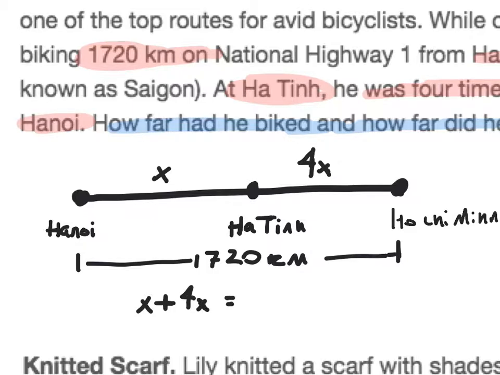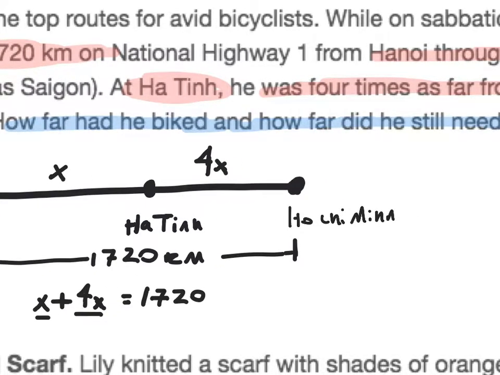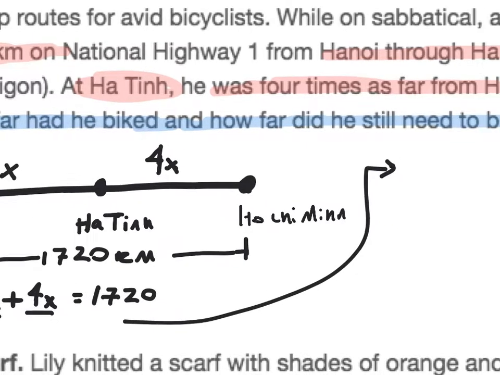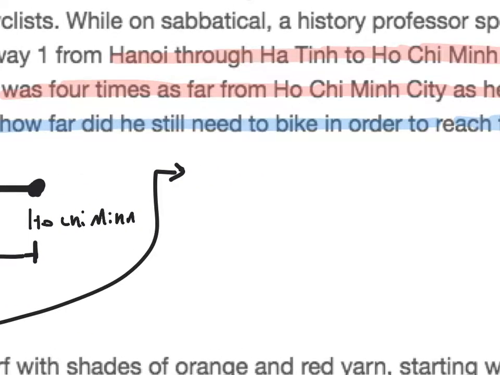Now I want to solve for x, so I want to combine my like terms. I've got x and 4x, and x plus 4x is going to give me 5x. So 5x is equal to 1,720.